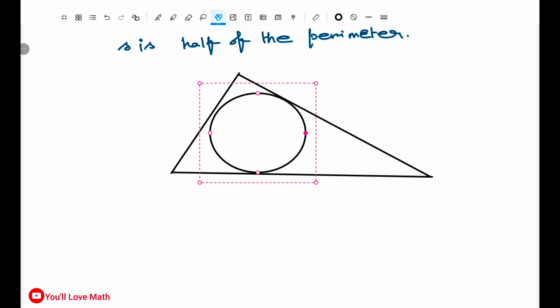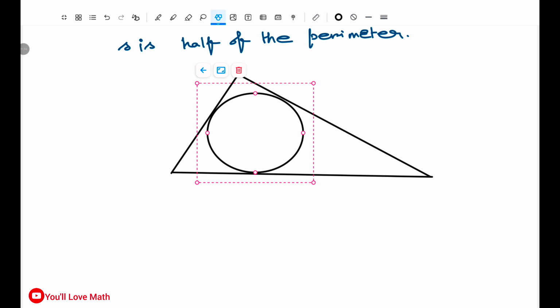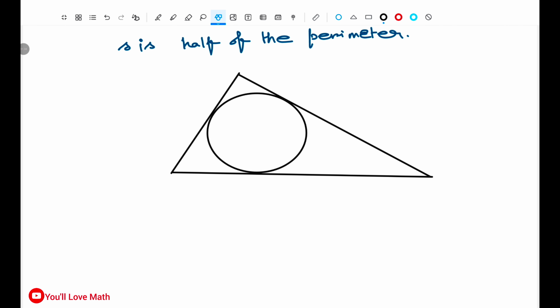So let's try to draw a circle like that. That image will be like that. Is it fine?